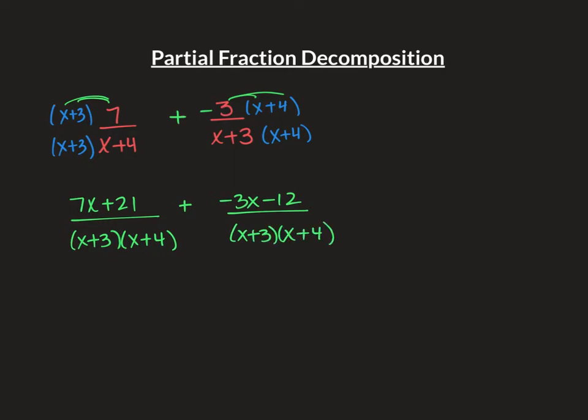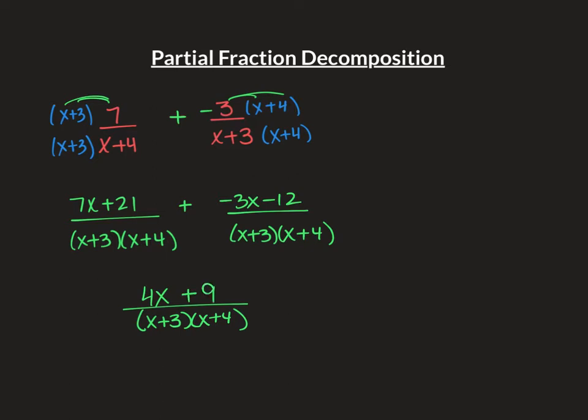And we know that I can add fractions once the denominators are the same. So I keep the denominator the same, x plus 3 times x plus 4, and I simply add the numerators. So 7x plus negative 3x is positive 4x, and 21 plus negative 12 is 9.